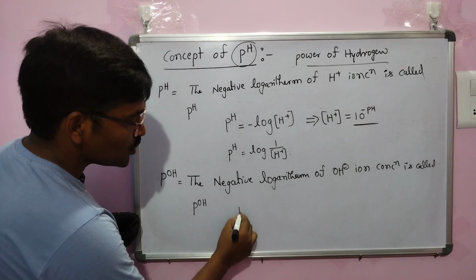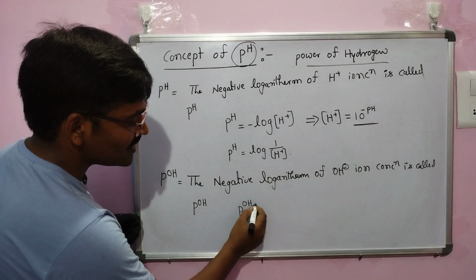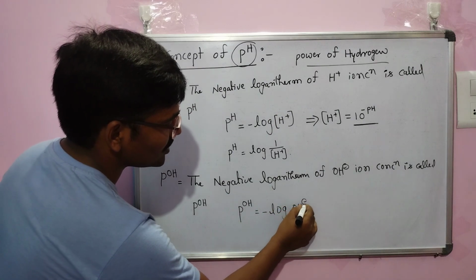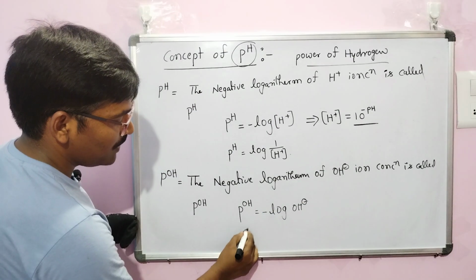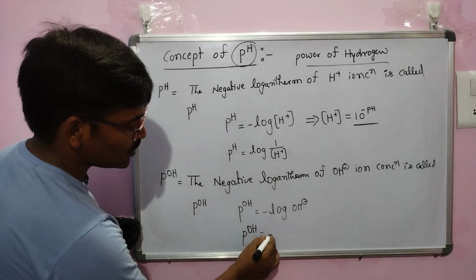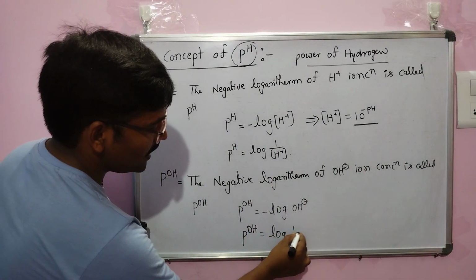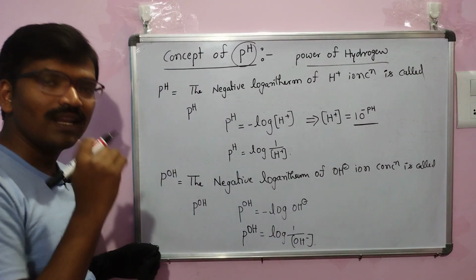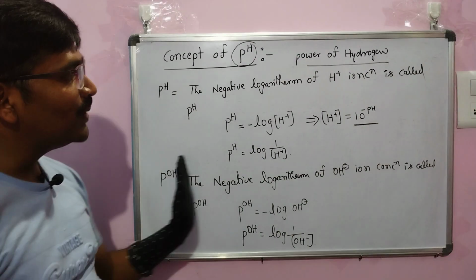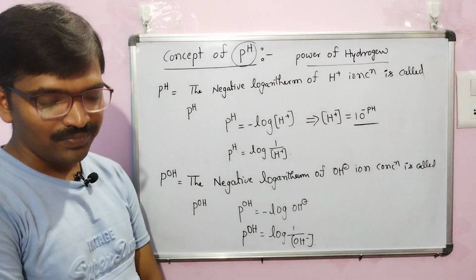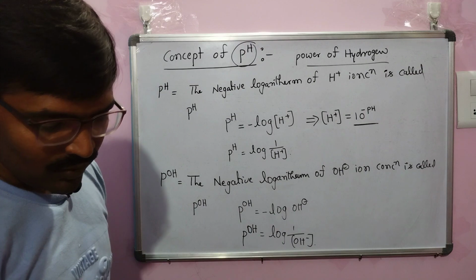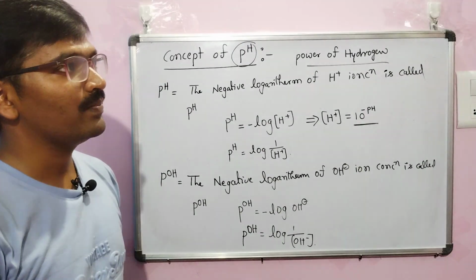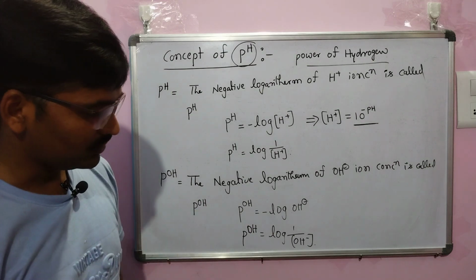So pOH equals minus log of OH minus ion concentration, or pOH equals log of 1 divided by OH minus ion concentration. This is pH and pOH. One thing to remember is that pH or pOH is for aqueous solutions.